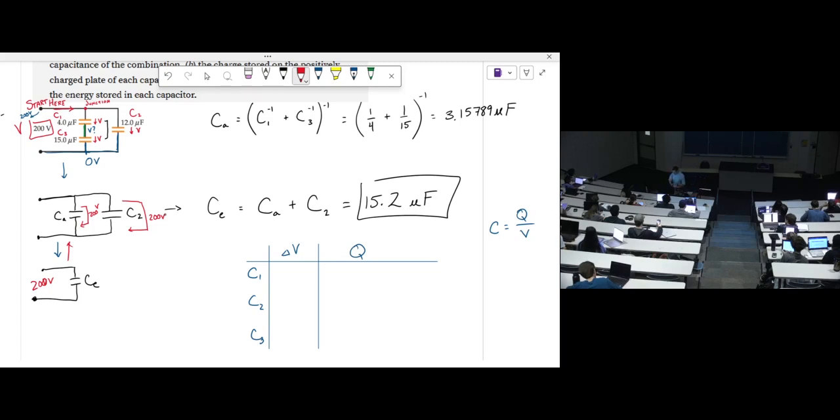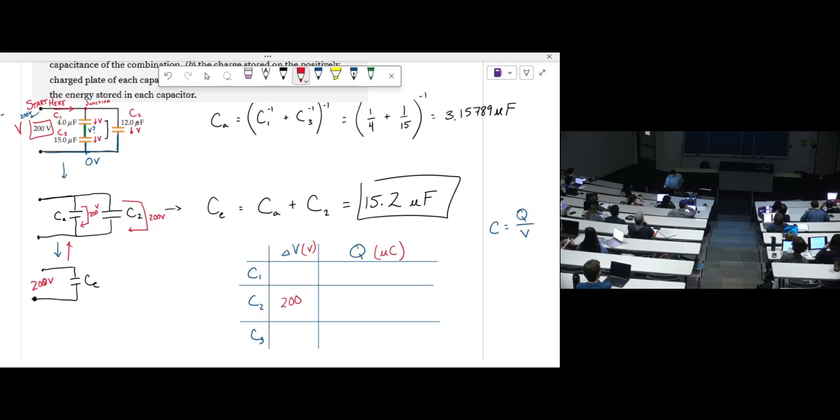So I already know that for C2 there is a 200 volt drop across that capacitor.